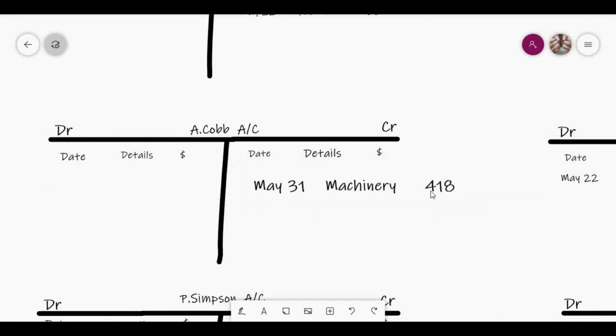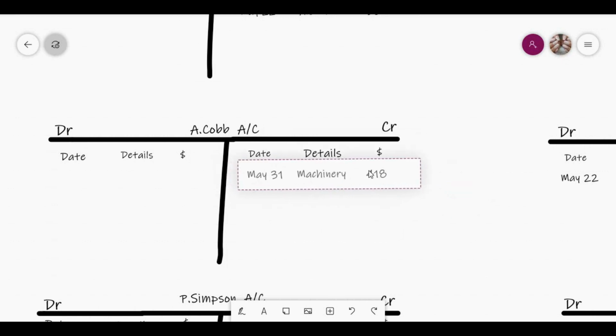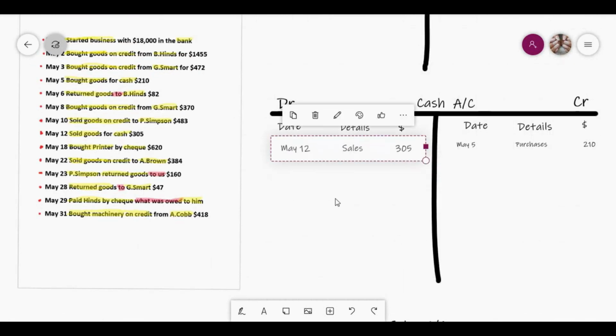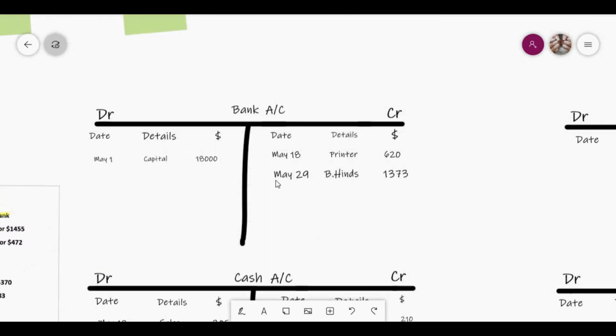So feel free to go ahead and learn with me how to balance off accounts, and then it will continue in a series on to trial balance and then TPL and the balance sheet. So here is an overview of all the transactions that we posted into accounts. In the next video, I will be balancing off all these accounts.